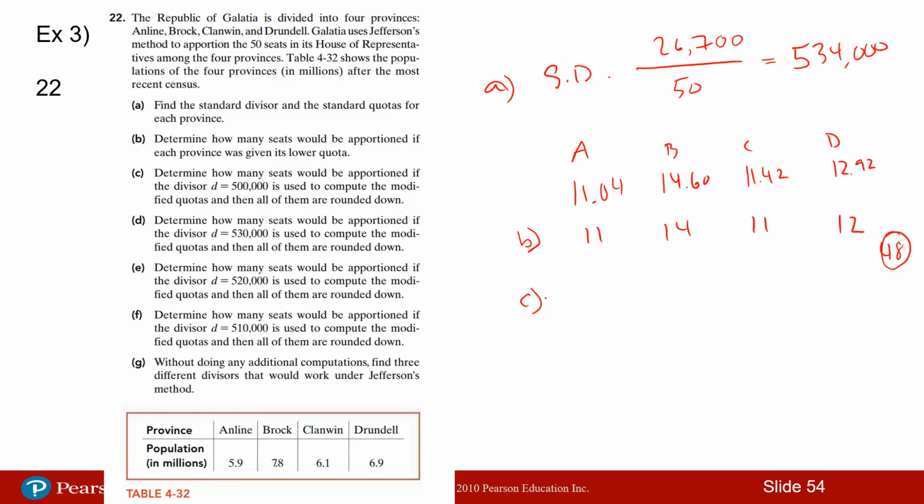So for C, we are going to use 500,000 straight as your divisor. We're good? So again, it's going to be 5,900,000, right? But divide that by 500,000.